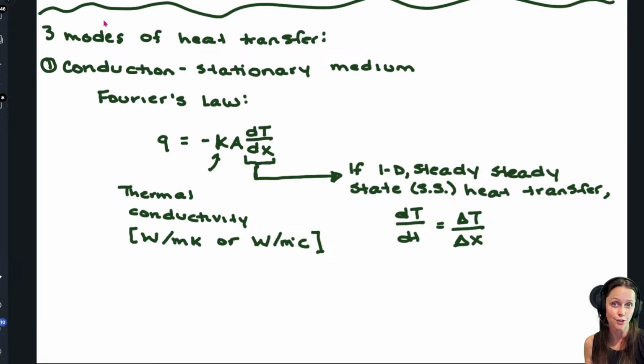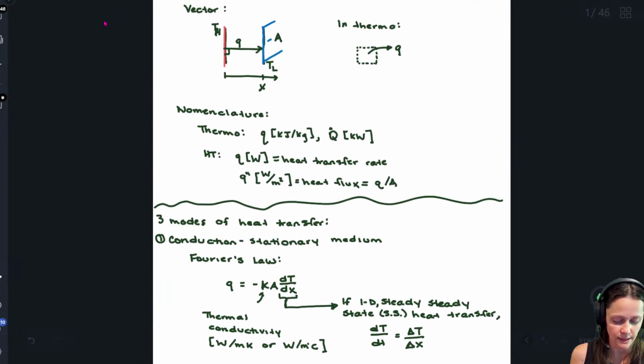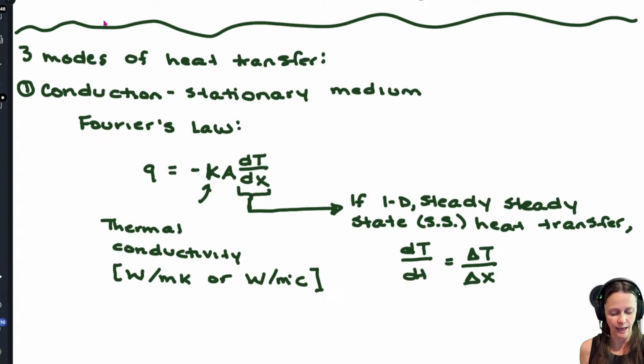The way that I would define that delta T in this case is T_L, the one on the right face, minus T_H, the one on the left face. Since T_L is going to be lower than T_H, delta T over delta x is going to be a negative number. And of course, you've got a negative in front of the k term in Fourier's law, so the units will work out so that you end up getting a positive number.